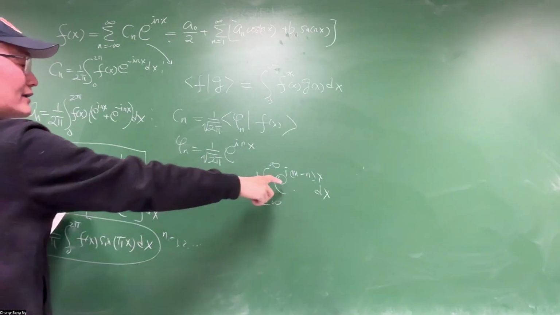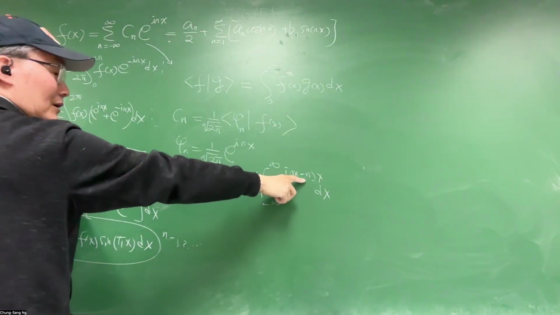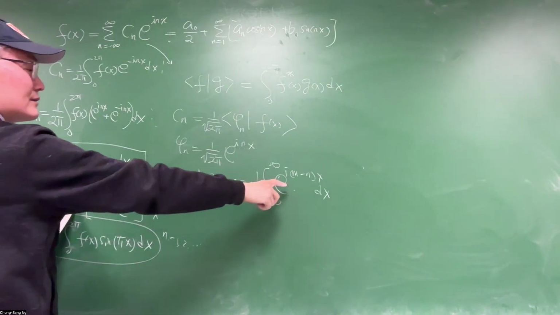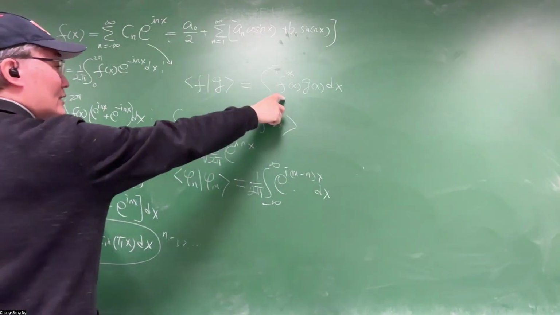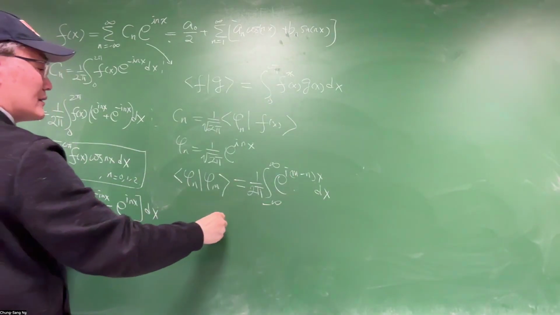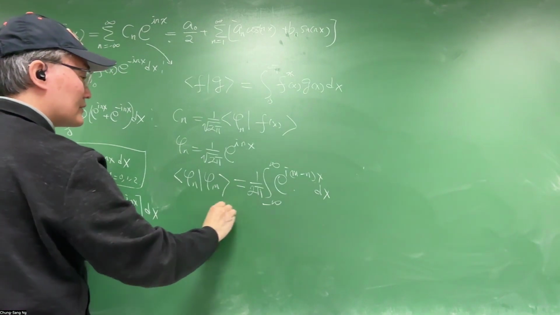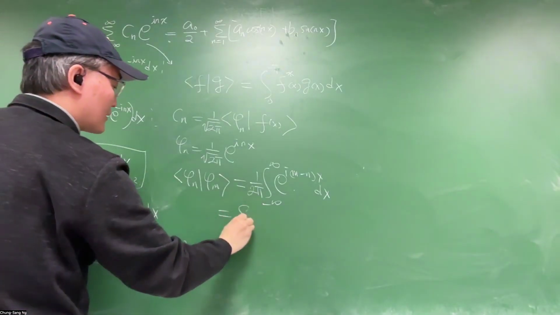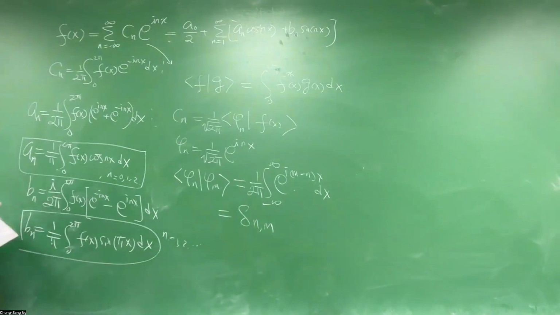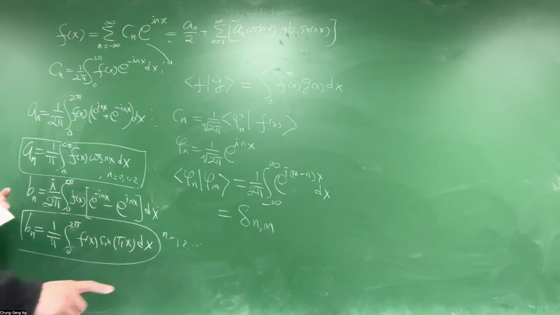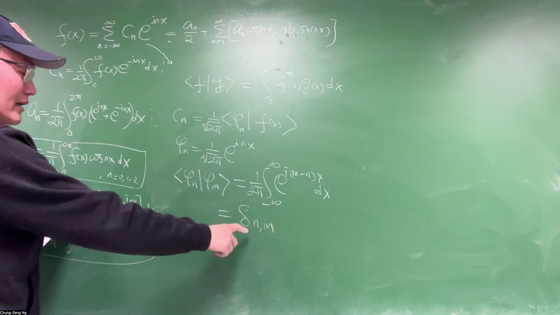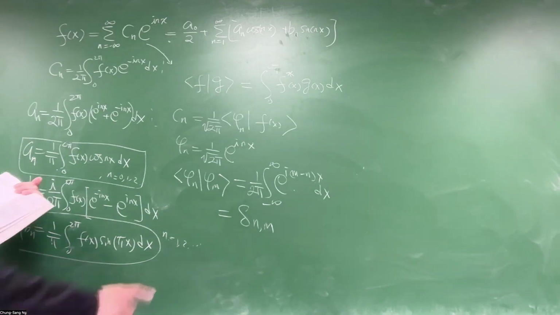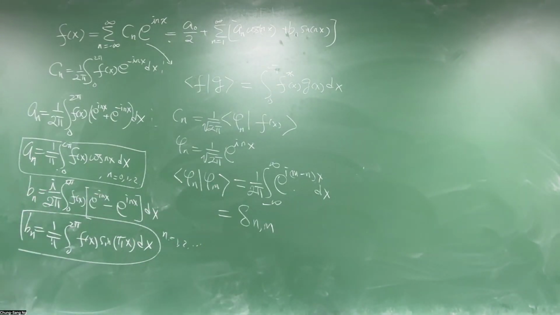Phi n has a complex conjugate, so it becomes minus, and phi m is just directly copied here. You do the integration, and obviously we did that before. This is a Kronecker delta n m. It means that it's 1 when n equals m, and 0 when n is not equal to m. So this condition is called the orthonormal condition.